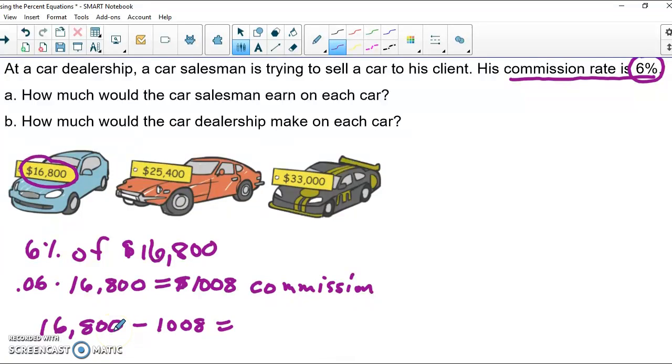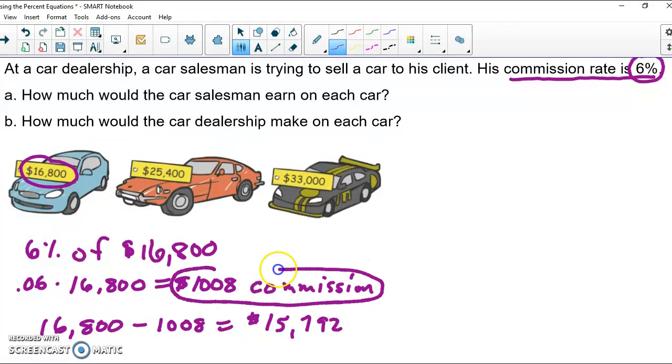So 16,800 minus 1,008 is $15,792. So we have our salesman's commission, and we have the total that the car dealership makes.